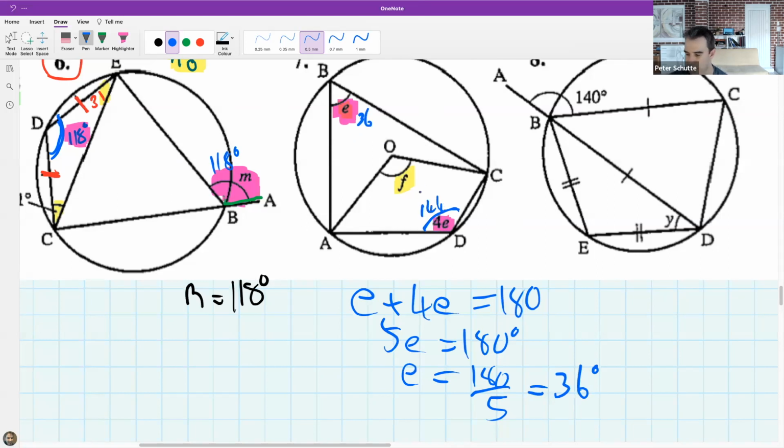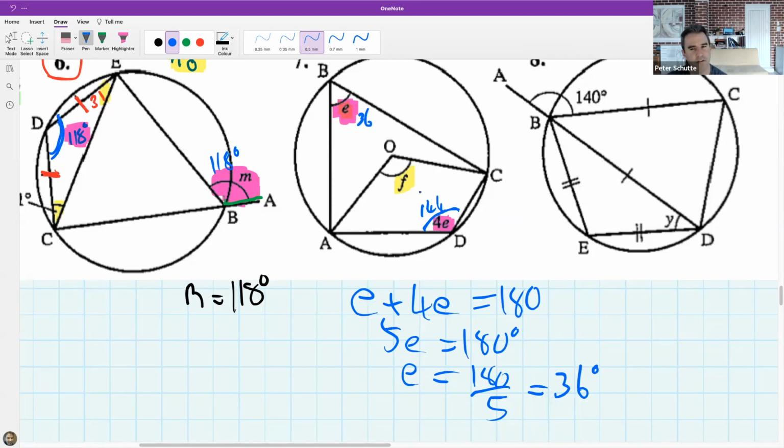Now, the last thing that we need to do is work out what F is. I'm interested to know what people say F is. Maybe someone could come and share or defend their answer. I want to know what angle F is equal to. Some people are saying F is 144, but I'm remembering something from earlier in the lesson and also from previous lessons that we have to be careful about.